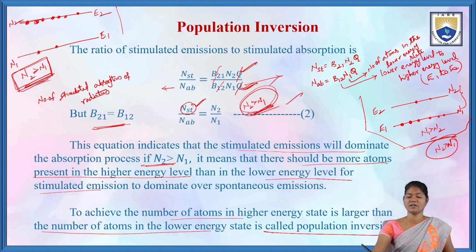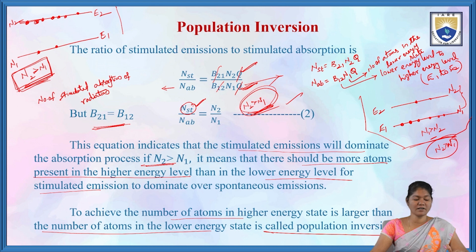Generally the atoms in the lower energy state will be more compared to the higher energy state, that is, N1 is greater than N2. But to get more stimulated emission of radiation, the number of atoms in the higher energy state should be more than in the lower energy state.